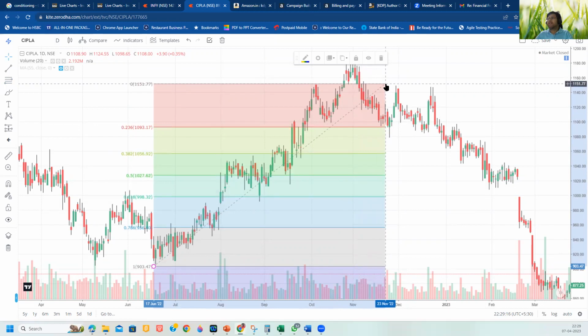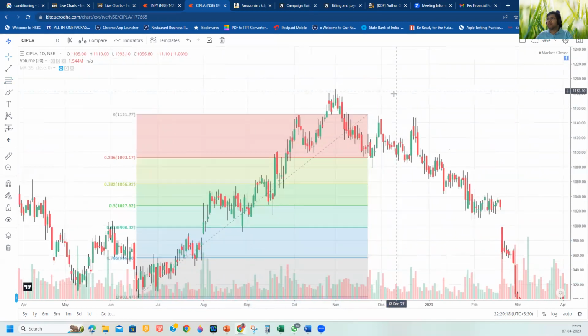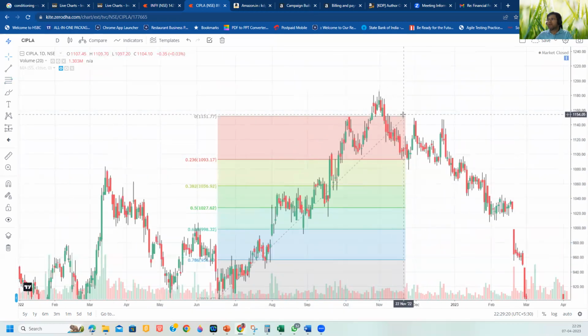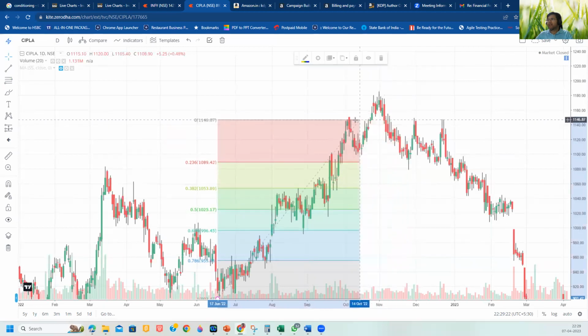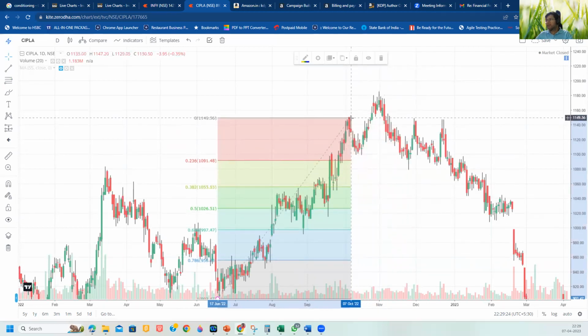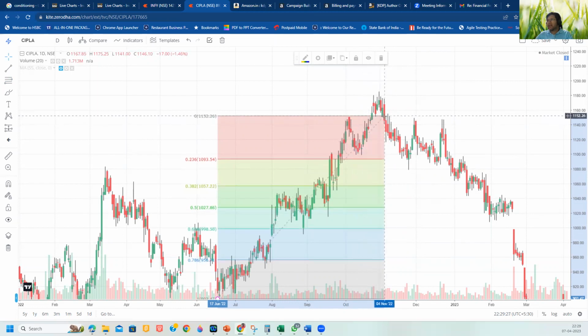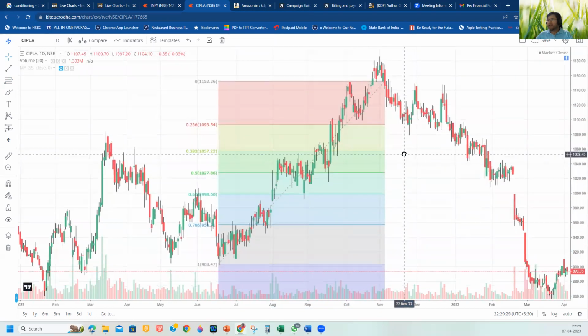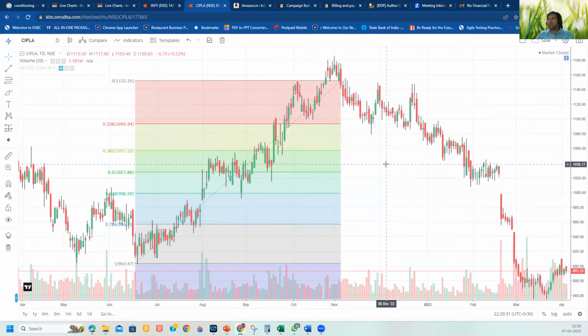If you take the last one, then there is no retracement we can show. So just to understand the retracement level, we need to select the second top point and then see what percentage of retracement is happening in this case.